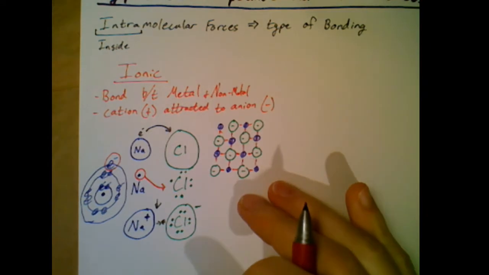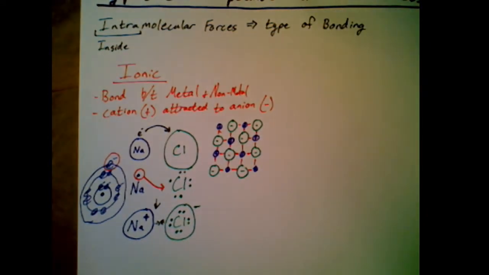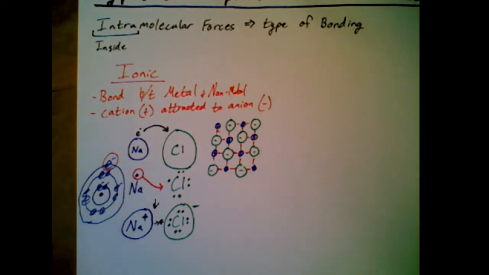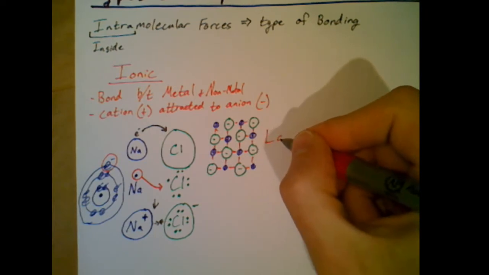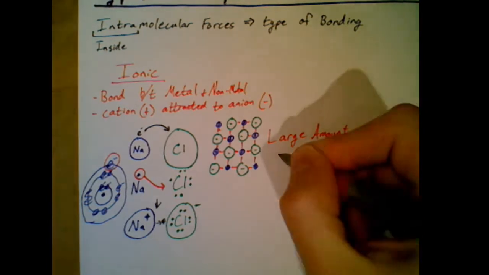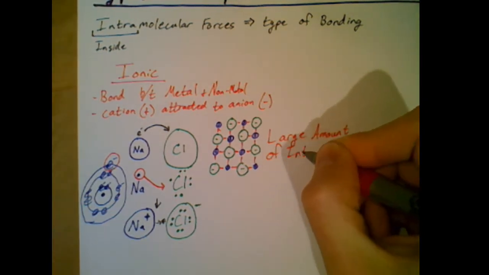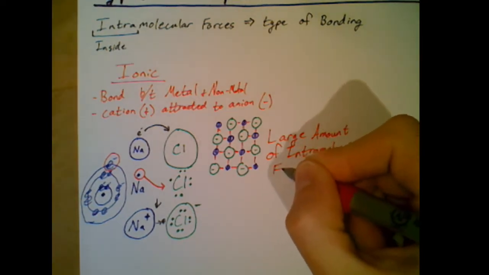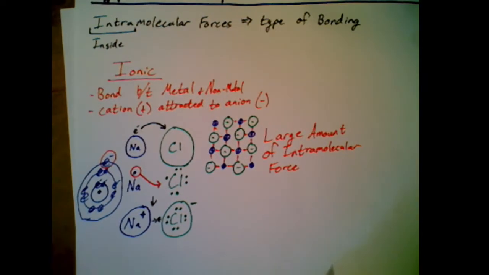This is what happens inside ionic compounds: they form big crystalline structures and are held together really tightly because there is a large amount of intramolecular force. So an ionic compound is held together very, very strongly.